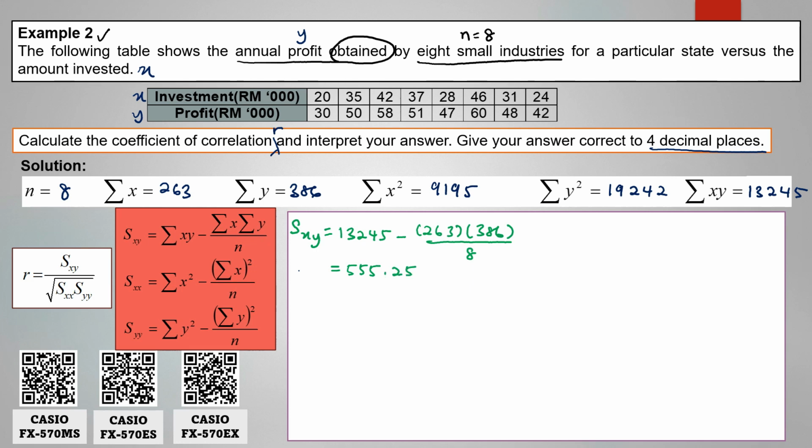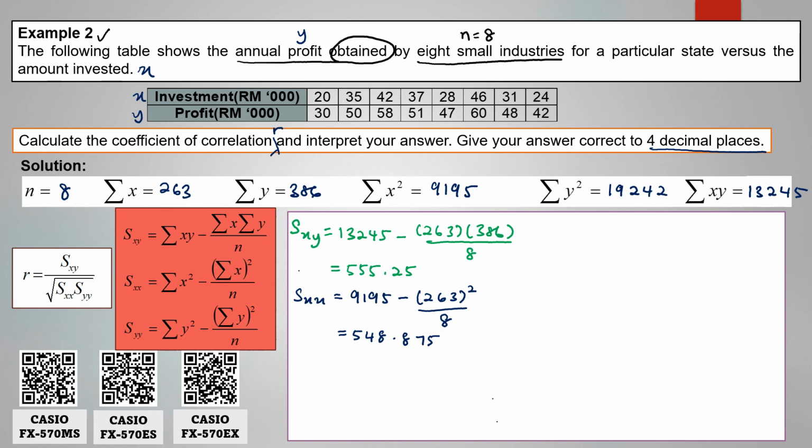And then proceed with SXX. SXX is equal to 9195 minus 263 power of 2 divided by 8. Press your calculator. You will get the value of SXX is equal to 548.875.